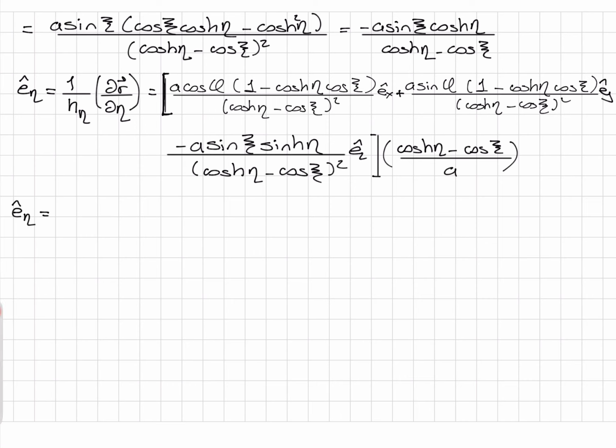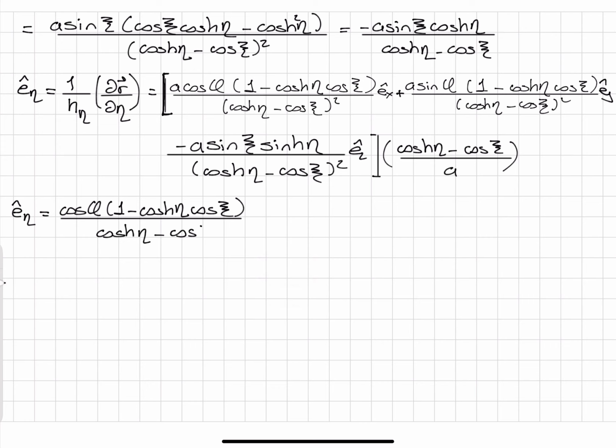Okay, so for the first term we have a cancellation of a's and one of these terms will disappear. So we're going to get cosine phi 1 minus cosine hyperbolic eta cosine psi divided by cosine hyperbolic eta minus cosine psi in ex hat direction, plus for the second term, again, a cancellation of a's and one of these terms.